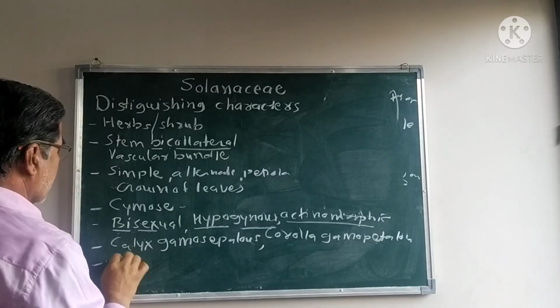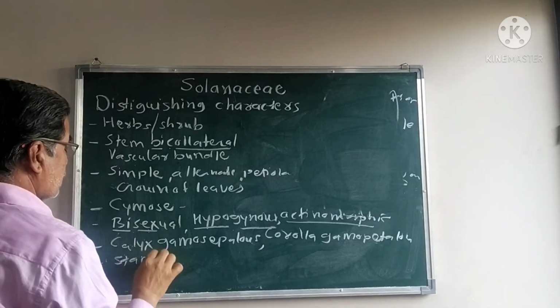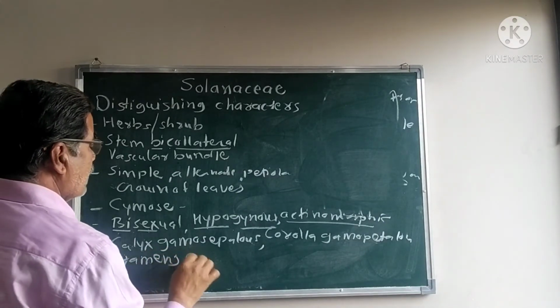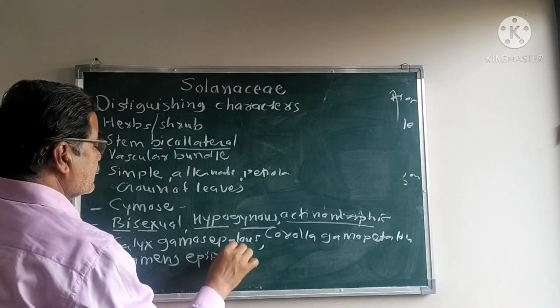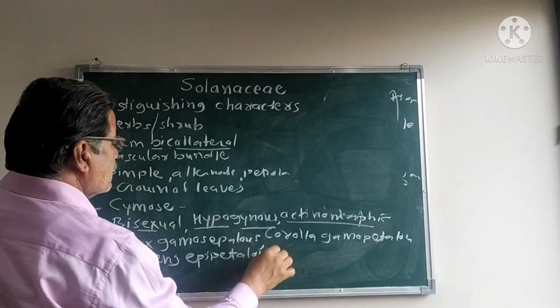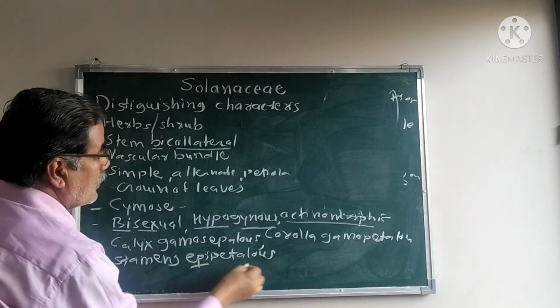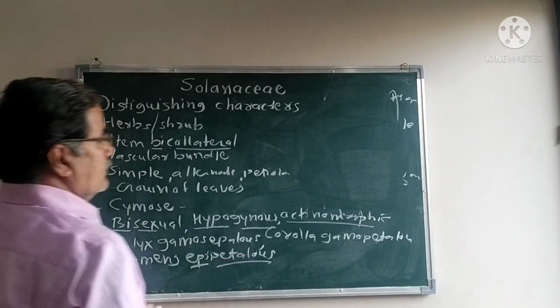Then the stamens are epipetalous. Epi means above, petalous means petals.